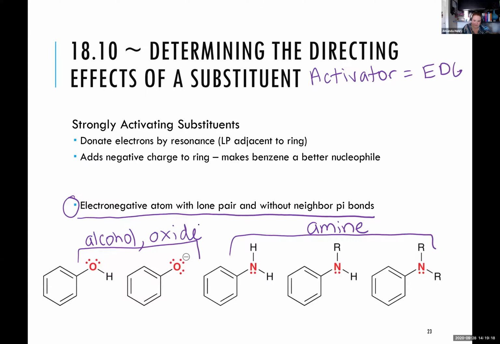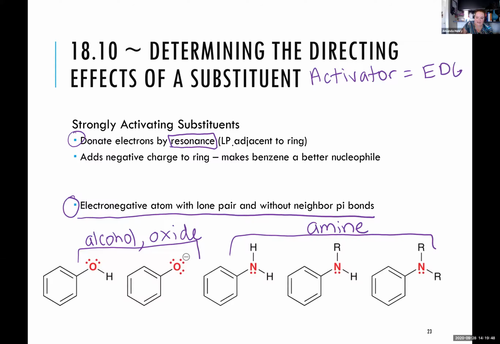All right. These are all going to donate electrons towards the ring through resonance. So donating electrons through resonance. And in parentheses after how they're donating or withdrawing, I tried to make generic categories or ways to recognize them.